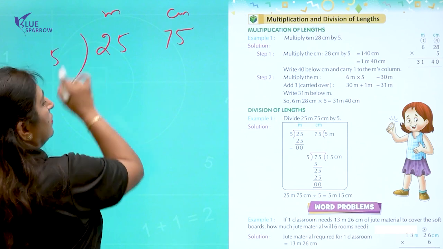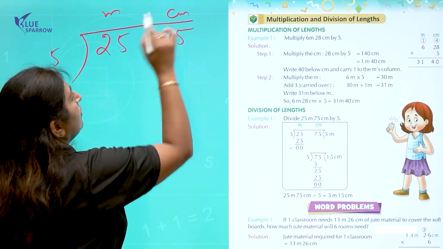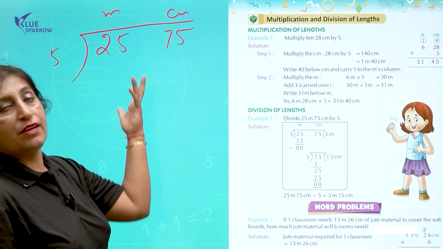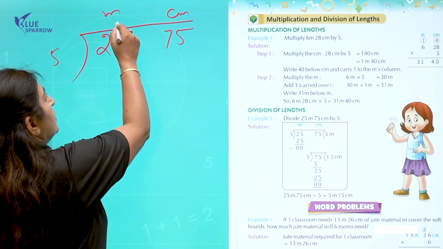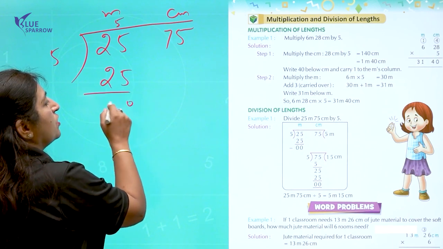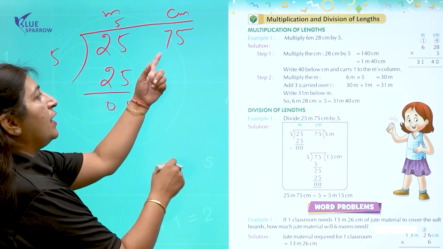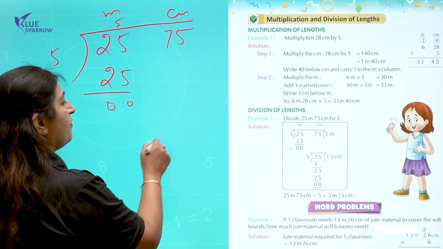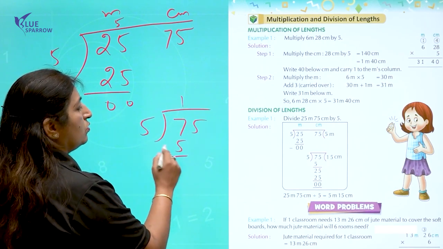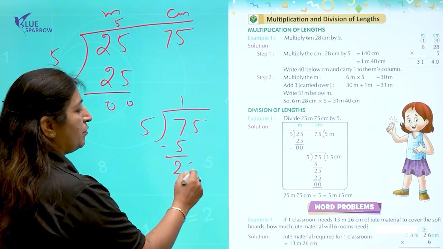Firstly, we would divide meters by 5. You know that 5 fives are 25. So meters here you would get as 5. 5 fives are 25. 0 would be left here. And by dividing centimeters by 5, we get 5 ones are 5. 2 would be left here. 5 is brought down.